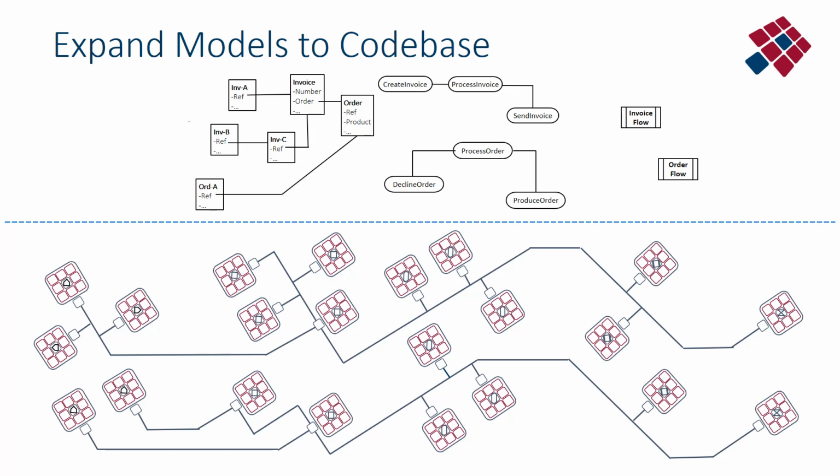So if you look from the point of view of the models to the code base, well, what you would have is, for every functional entity in the model, every data entity, every task, every flow, an instantiation of that type of element. So for every data entity, you would have an instantiation of a data element based on the name, the parameters, the attributes of that data entity.